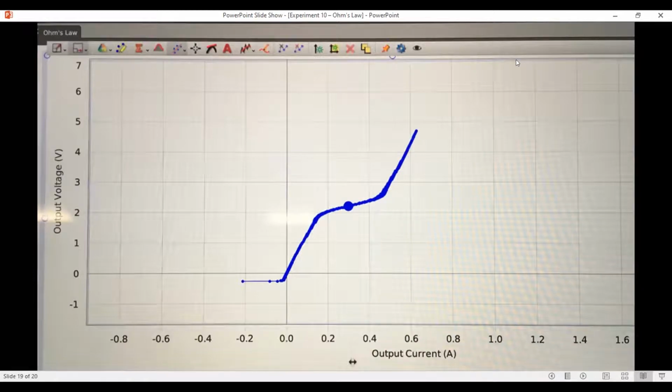Now, let me just explain what you're seeing right here. First of all, you're seeing one of the problems that we have with the setup. We're seeing an offset in terms of the voltage and the current. My axis should really look something like this, okay?